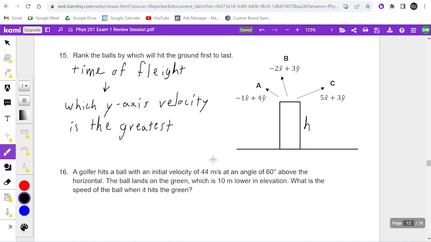I'm not going to be doing Pythagorean theorem. I don't care about it. If I want to find time of flight, I'm just looking at which y-axis velocity is the greatest. So in other words, for A it's 4, for B it's 3, and for C it's 3. So if I want to list them from least hit the ground first to last, B and C are at the same time, and then A will hit last. And there's our answer.